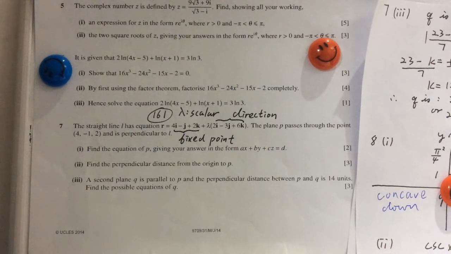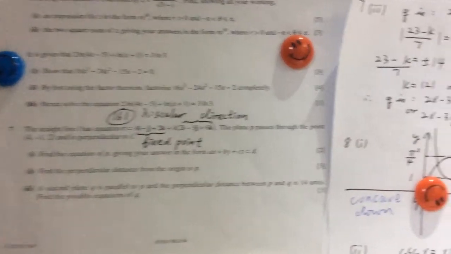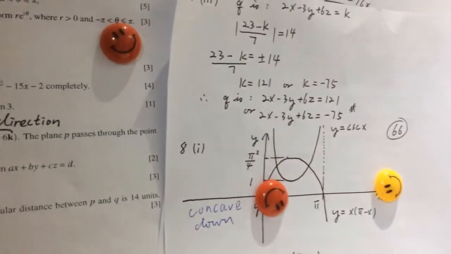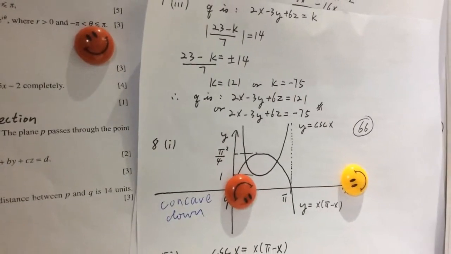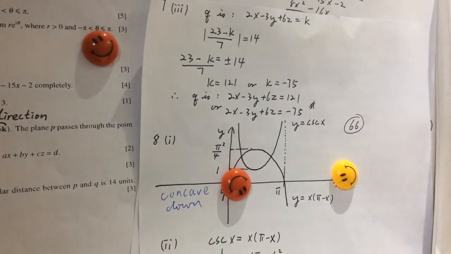Part c. The second plane Q is parallel to P, and the perpendicular distance between P and Q is 14 units. Find the possible equations of Q. As I mentioned in part 2, P can be expressed in this form. That is the reason why Q can also be represented in this form.